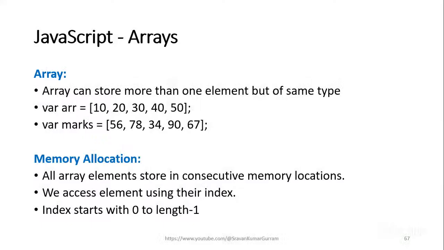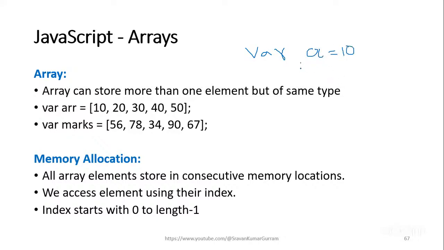single variable. If you want to store multiple values in a single variable, then the existing value will be overridden with the new value. For example, I have the code like var a, variable name is a, assignment 10.